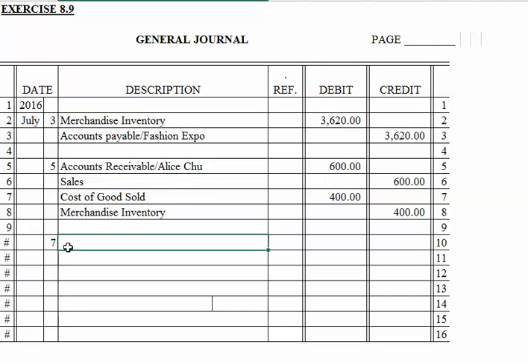All right, so in this case, we kind of do the original purchase upside down. So looking back at what we did on July 3rd, we do that upside down.